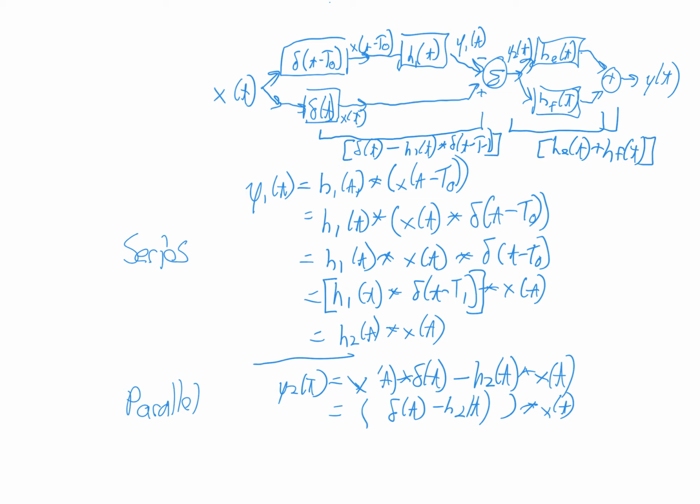So I have these 2 expressions, and since those 2 items are in series, I could convolve them together, and I get the overall impulse response of the entire system.